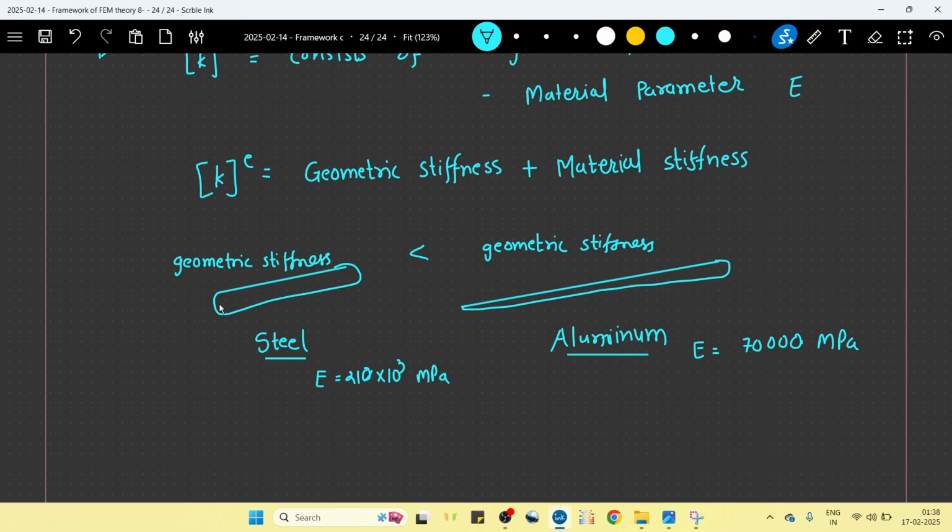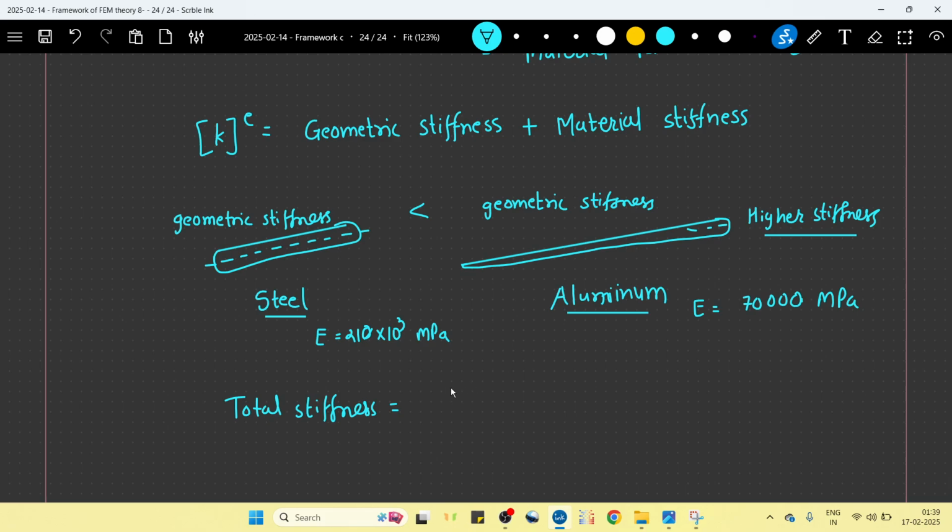If I take the axial stiffness of this structure, we can imagine that this particular structure has a higher geometric stiffness. So the total stiffness of the structure is a combination of geometric and material stiffness, and from that we have to decide which is stiffer.